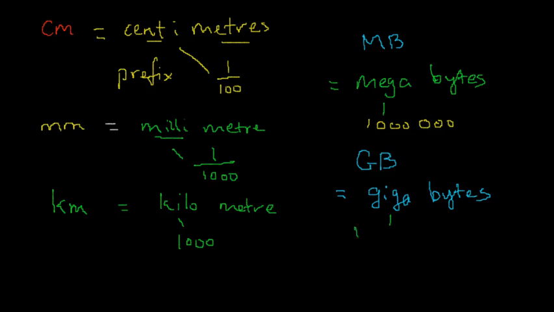That's 1, and now we have lots of zeros. We have 1, 2, 3, 4, 5, 6, and 7, 8, 9 zeros. That's a gigabyte. It's 1,000 million. So that's a very big number.